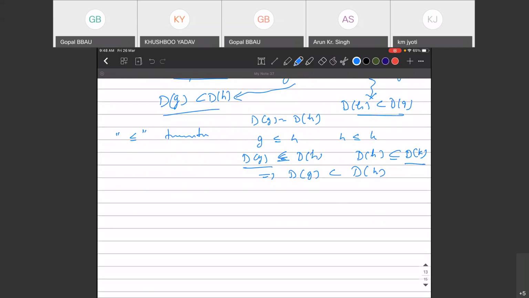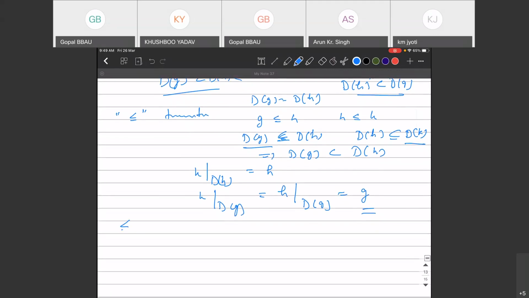And one more thing from here: when we restrict K on DH, we get H. And when we restrict H on DG, we get G. This means when we restrict K on DG, we will get G. So this is transitivity.